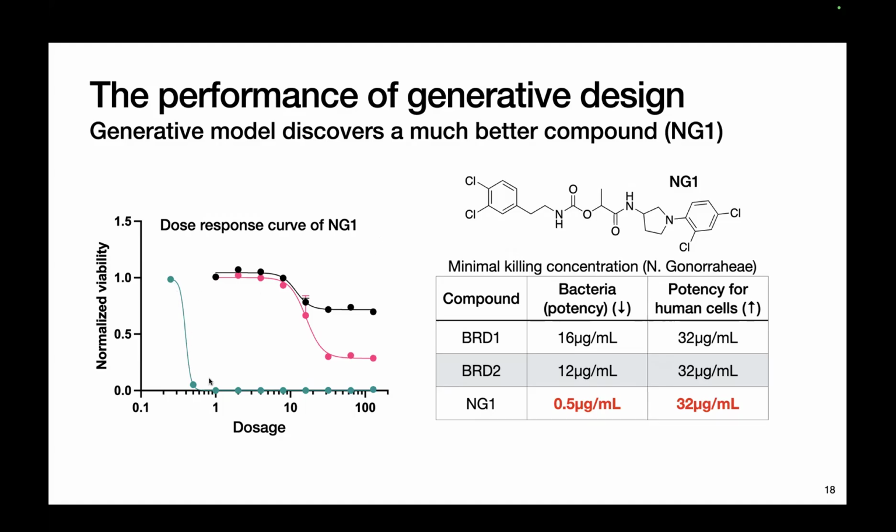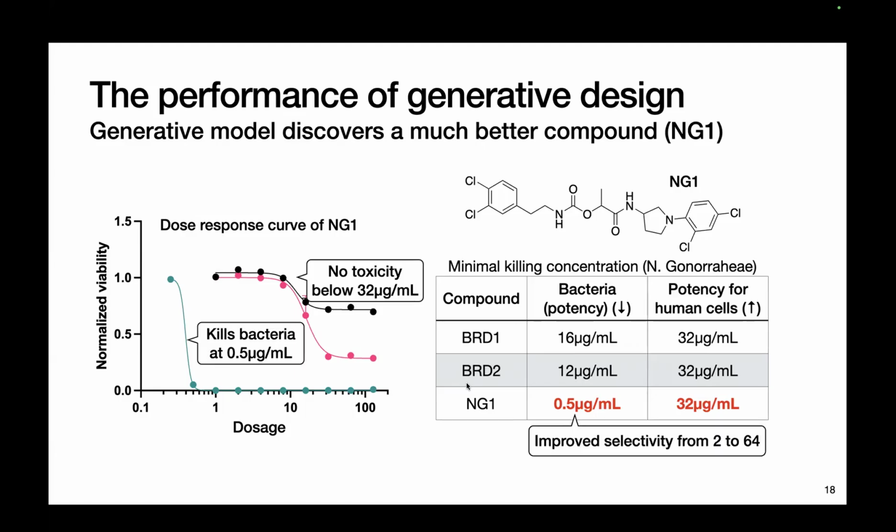So this green curve, as you can see on the left, is the dose response curve for the compound NG1, and it has a potency around 0.5 milligram per milliliter, right? And you can see it has around the same toxicity, but the selectivity goes up much better, right?